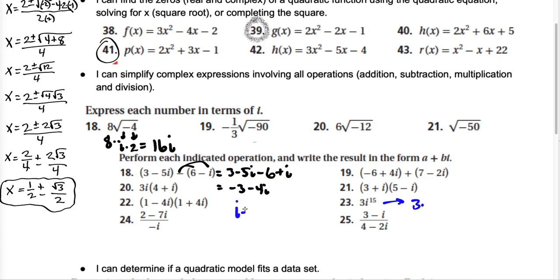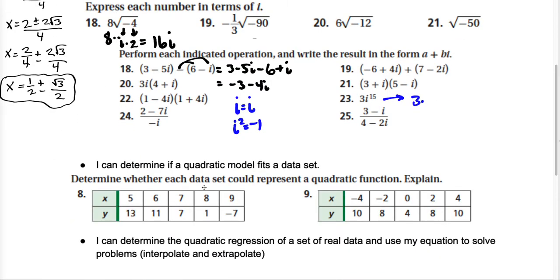So we look at the cycle of 4. I'll put it on the board for you guys. This is the cycle of 4, and all of the i powers will end up being one of these 4 answers.